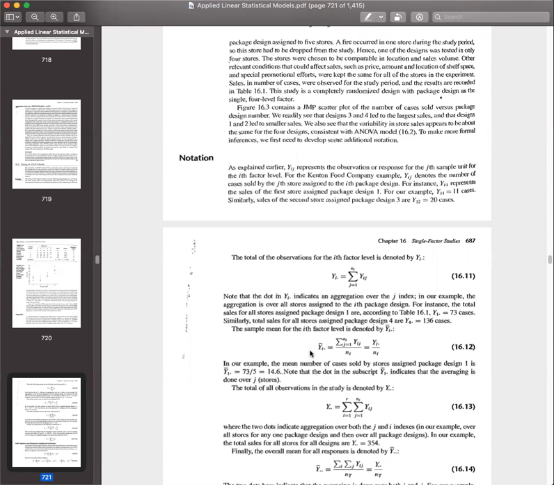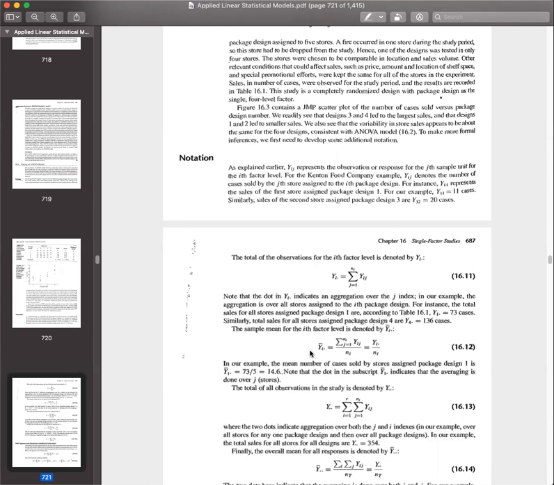The total of all observations in a study is Y.., which is equal to the summation of i equals 1 through r, the summation of j equals 1 through ni of Yij, where the two dots indicate aggregation over both the j and i indices. Finally, the overall mean for all responses is denoted by Y bar dot dot.